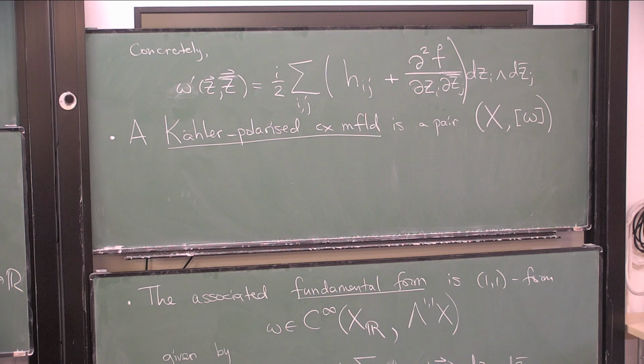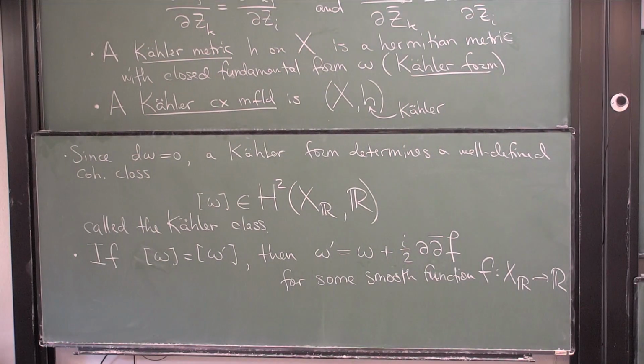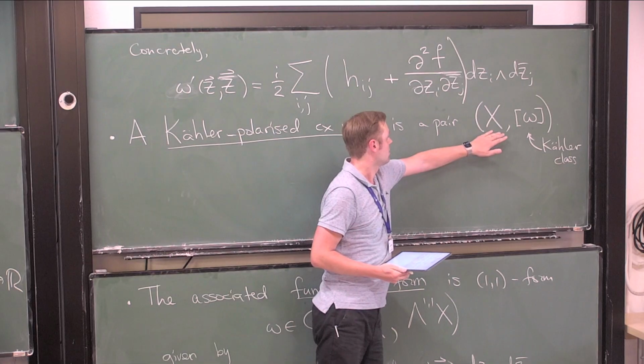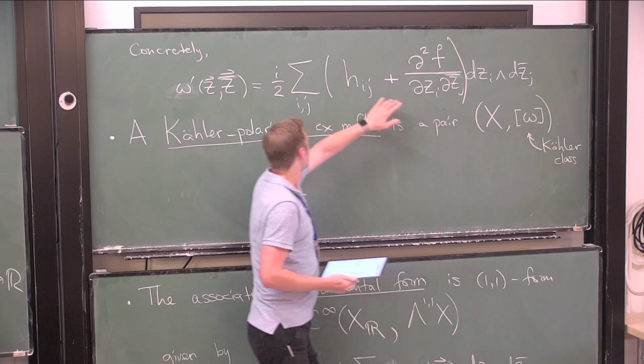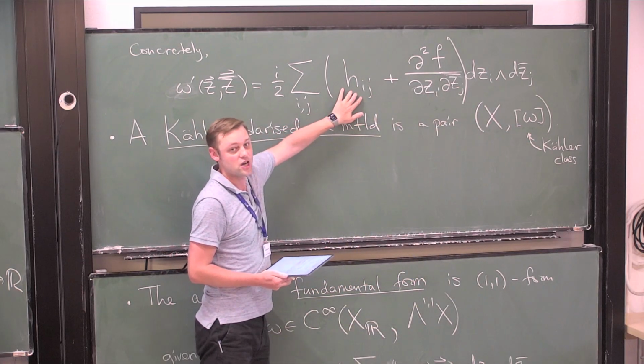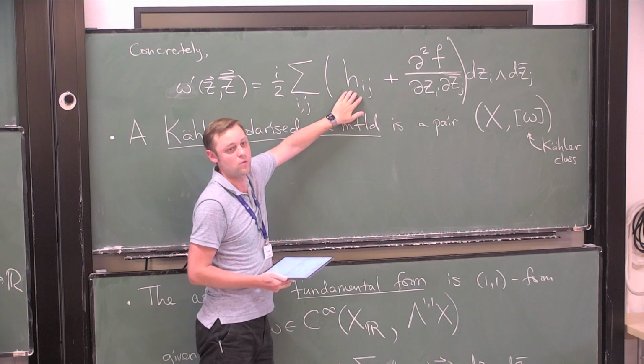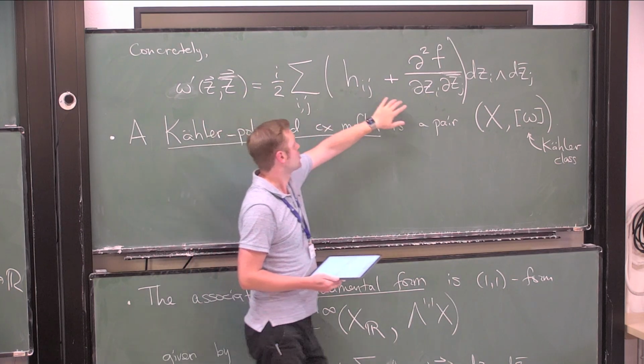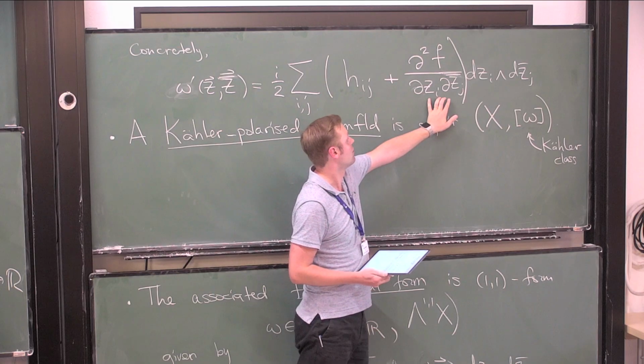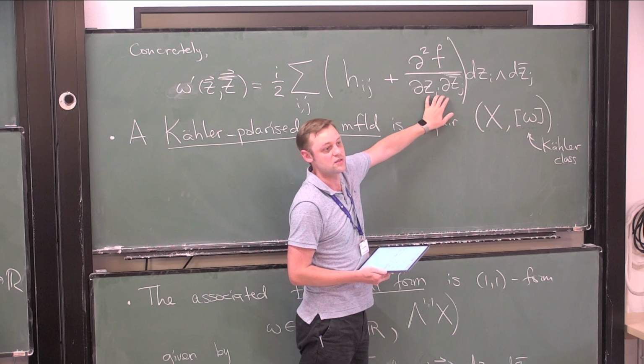So in other words, I only give you a Kähler class. Or, more concretely, all I'm giving you is a Hermitian matrix H_ij, up to the freedom of adding terms of this form.